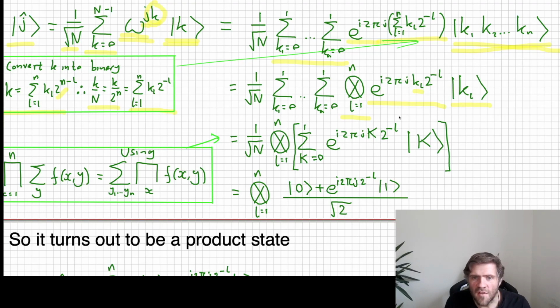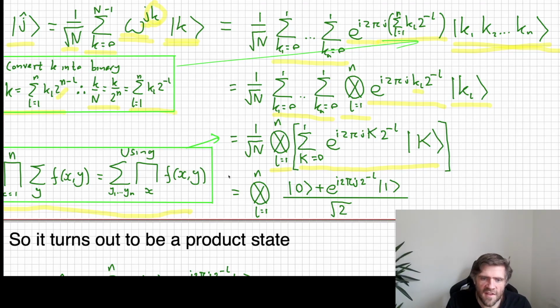Once we bring those in here, it means that these many sums over a single bit can actually be exchanged in order with the product, using a standard relationship between sums and products, so that we first do the sums over each of these single bit states and then tensor product that all the way over all of the qubits.